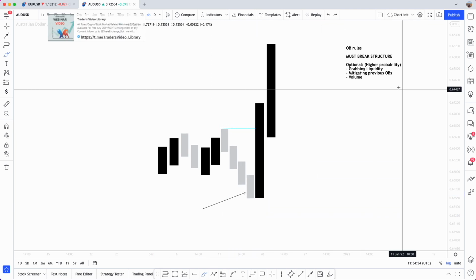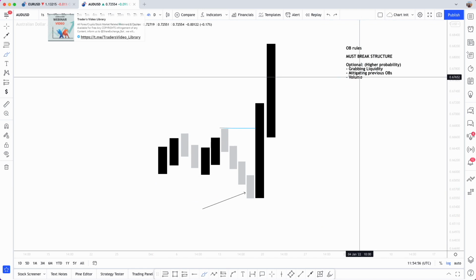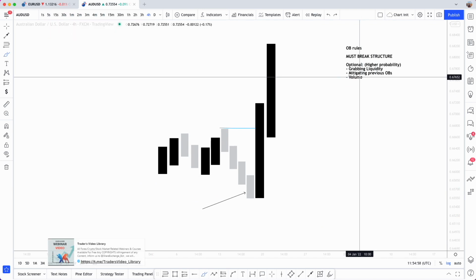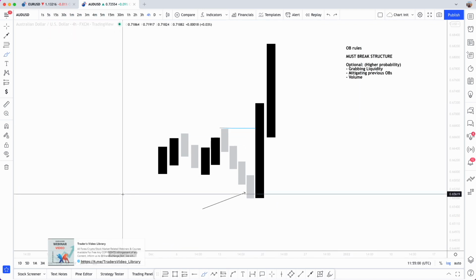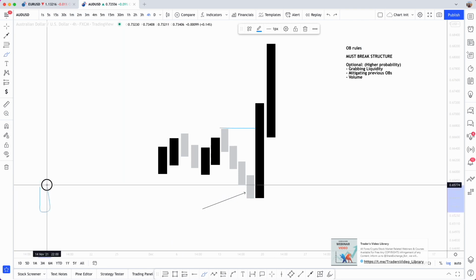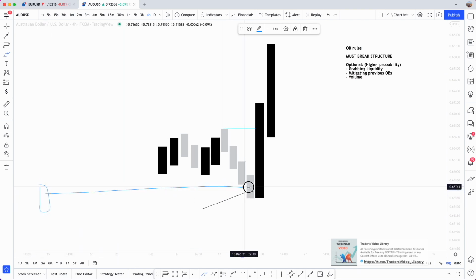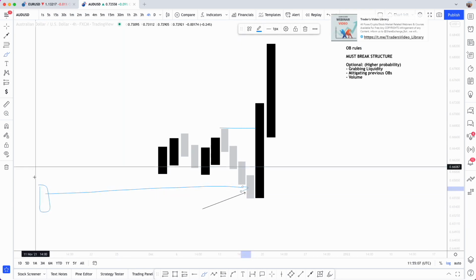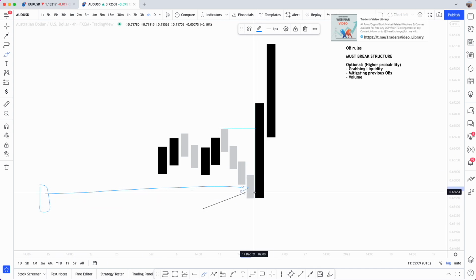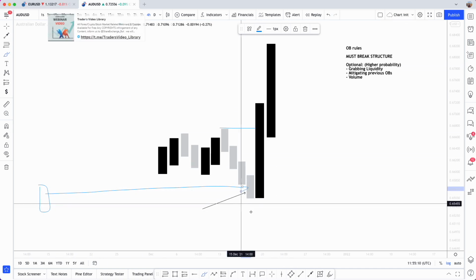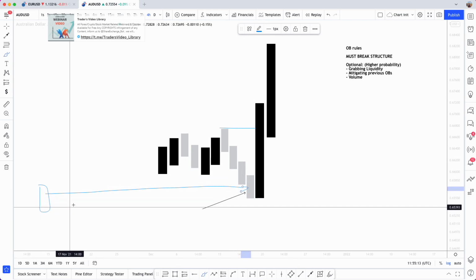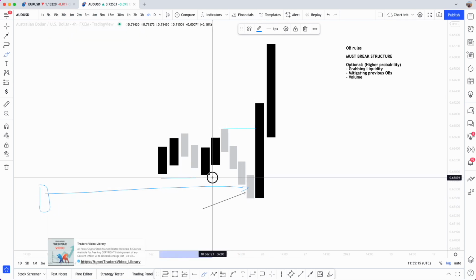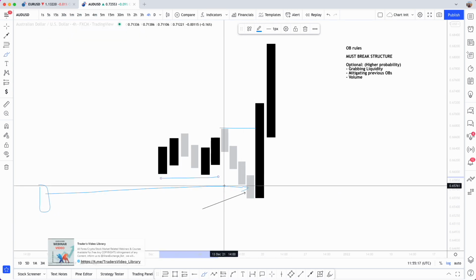The next one is mitigating previous OBs, and we'll understand this a bit further when we talk about order flow. Say for example we had a previous OB here, and price has only gone and mitigated their losses here, and then price is gone. So this has created an OB, it's mitigated a previous OB, and it's also grabbed liquidity from here, which is extra confluence.